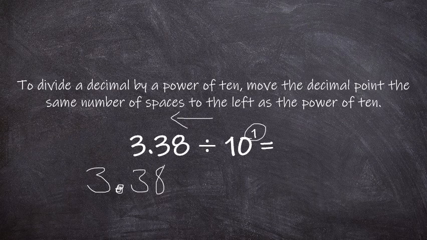So if we take our decimal point and move it 1 place to the left, that would give us 0.338, or 338 thousandths.